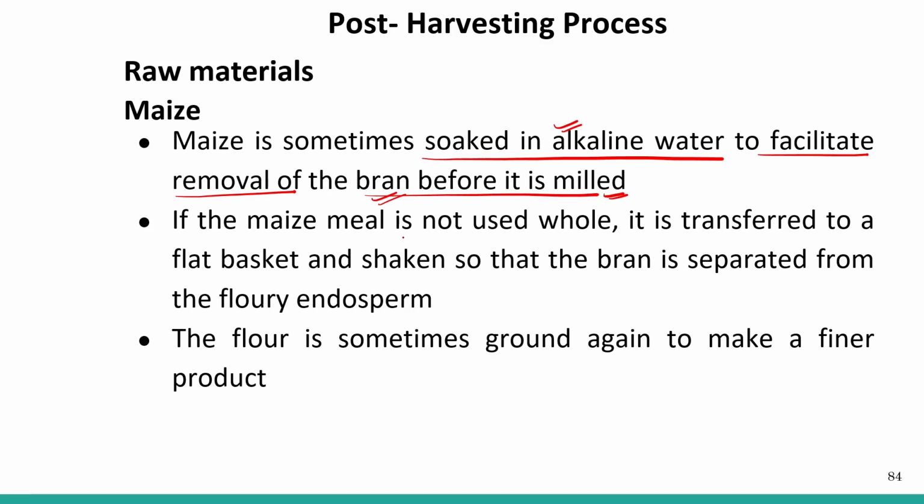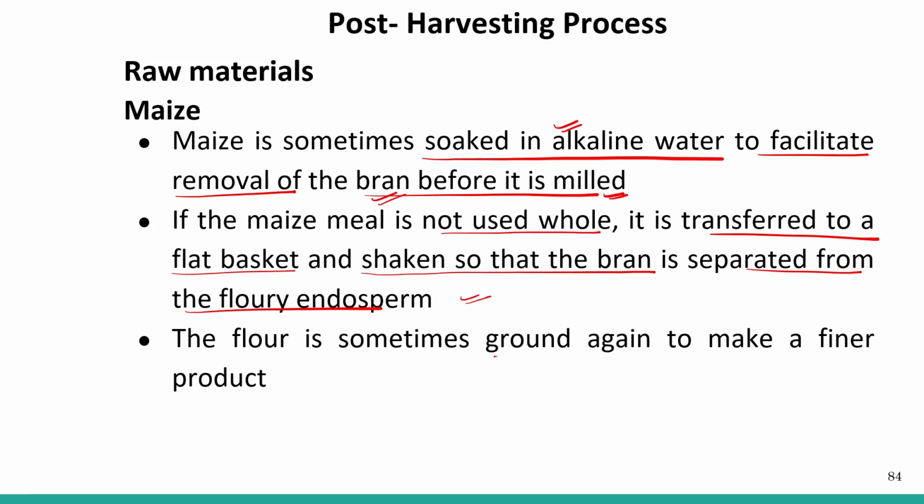If the maize meal is not used as a whole, it is transferred to a flat basket and shaken so that the bran is separated from the floury endosperm. So it is soaked or treated with alkaline water so that the upper bran can be removed.